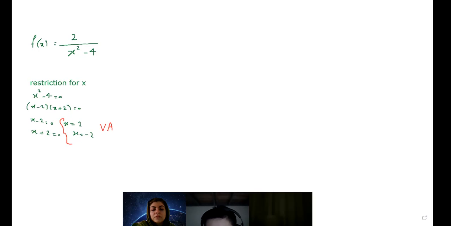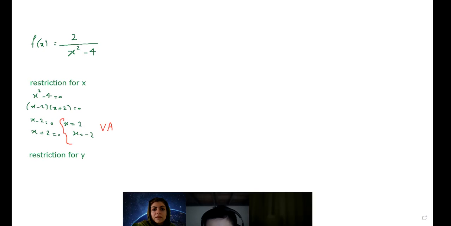Again, for the y value, you immediately look at this. Here is the restriction for y. In the numerator, you have a fixed value, right? It means this ratio will never be 0.